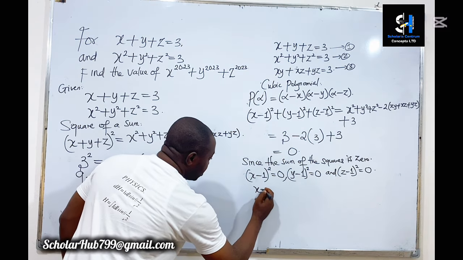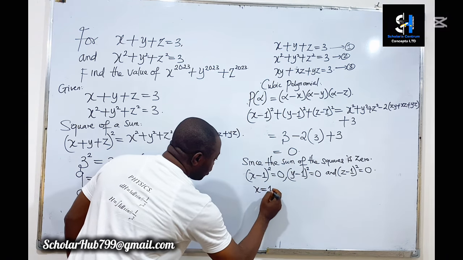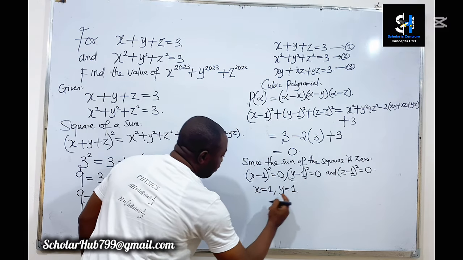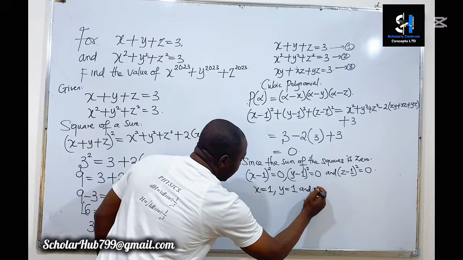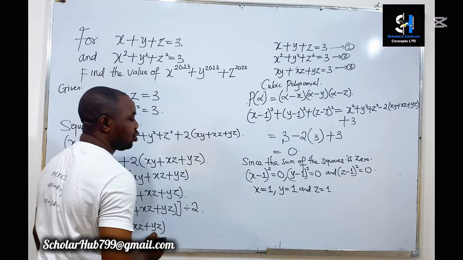We know that in this case the value of x will be 1, the value of y will also be 1, and the value of z will also be 1.